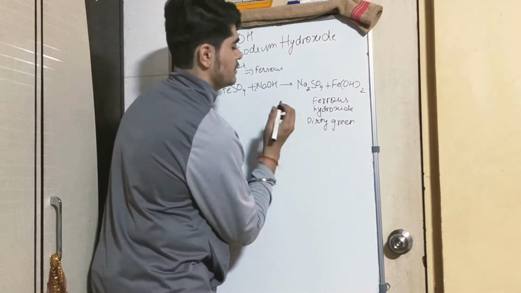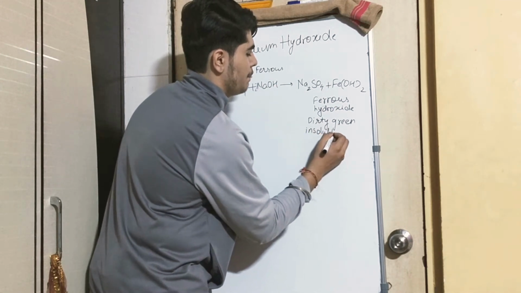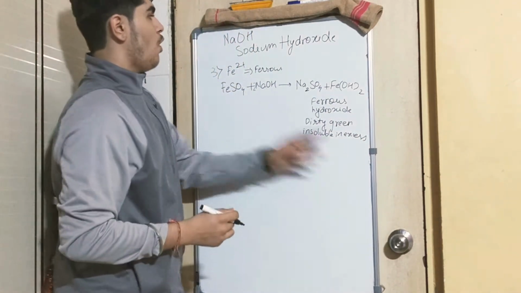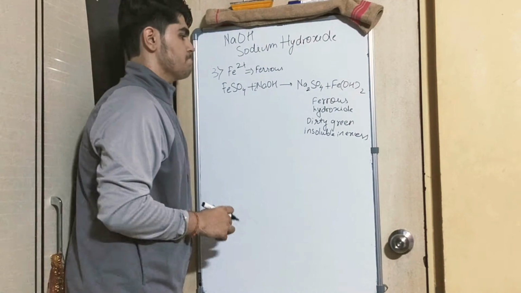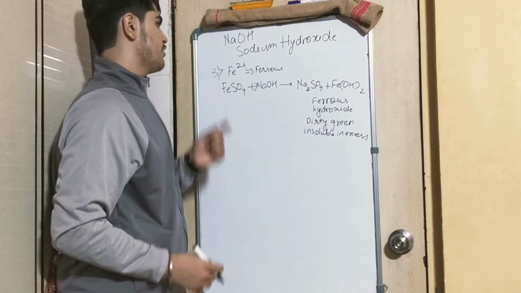Dirty green precipitate. This is also insoluble in excess of NaOH. Understanding? So this was the reaction with FeSO4, that is Fe2 plus ion.